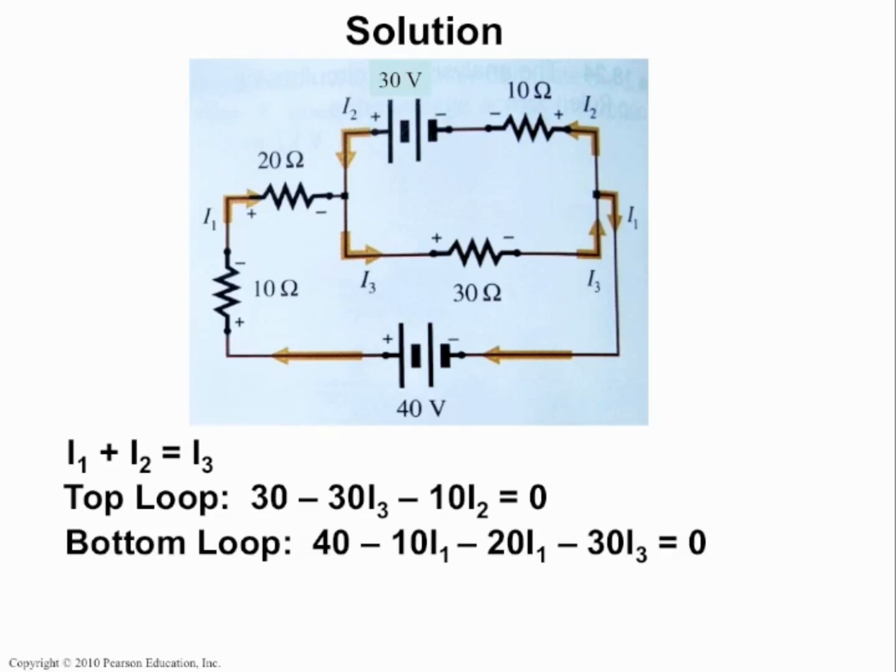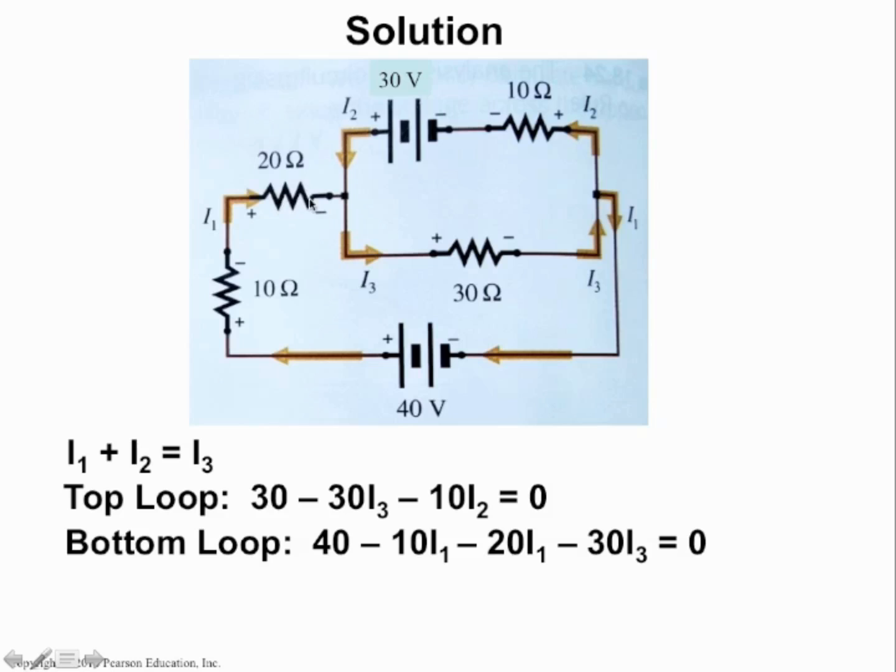And now let's do our bottom loop equation. I'm going to start down here at the battery, and I'm going to go clockwise because that's where the current goes. And so I start with 40, that's why it's positive 40, minus 10I1, voltage drop there, minus 20I1, another voltage drop there.